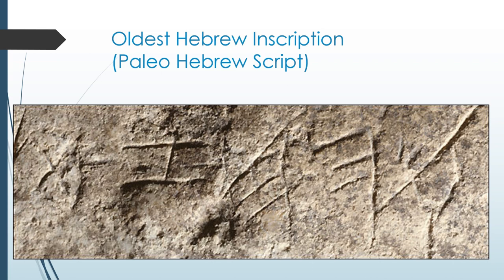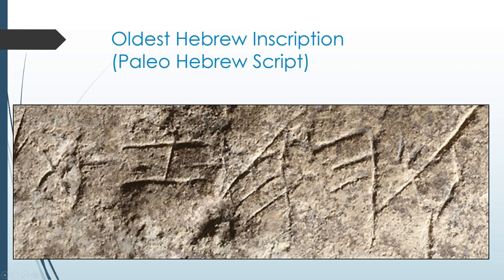Now, I think this is interesting. So I just pulled up a couple of pictures here of the Paleo-Hebrew script. Now, this is the oldest inscription we have of some Hebrew characters here. It's kind of hard to see what's going on here. Just kind of look at the shapes.